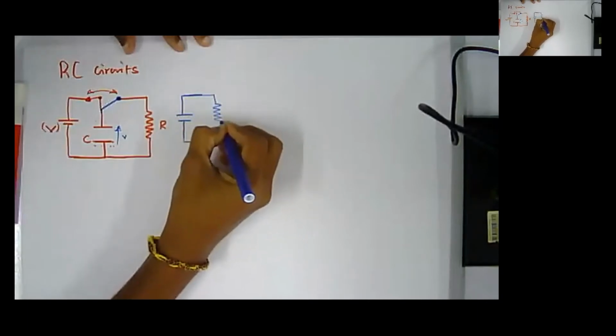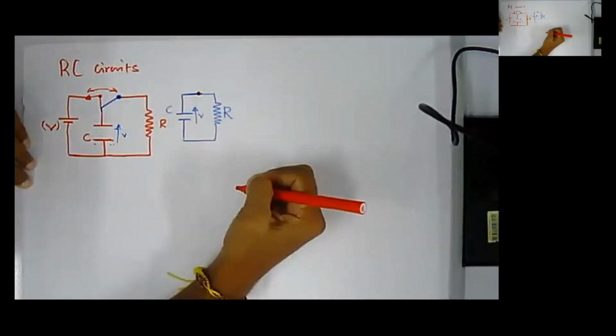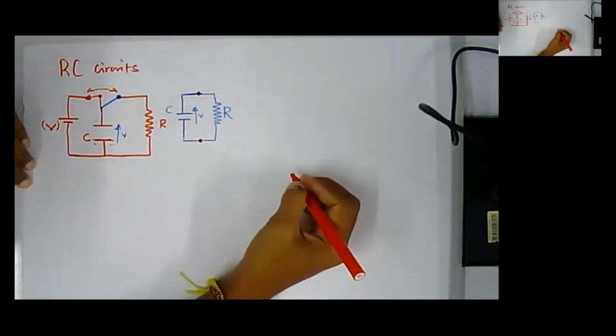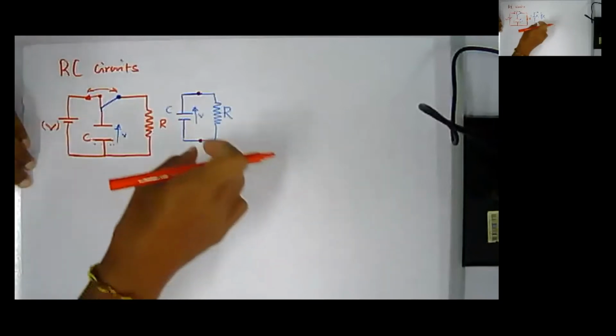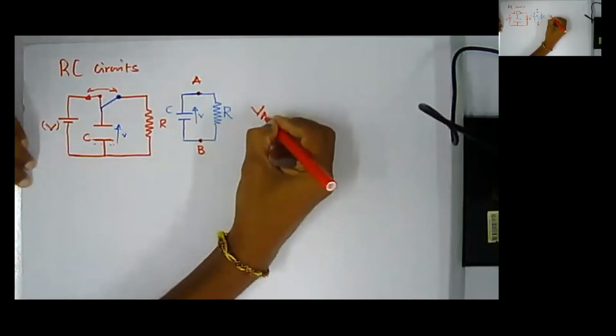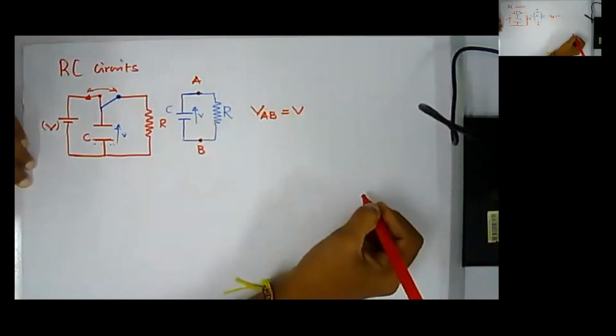Now the battery is completely removed from the circuit, and I can redraw the circuit like this: you have a capacitor with a voltage of V and a resistor R. The voltage between these two points A and B, V_AB, is V. Clear?